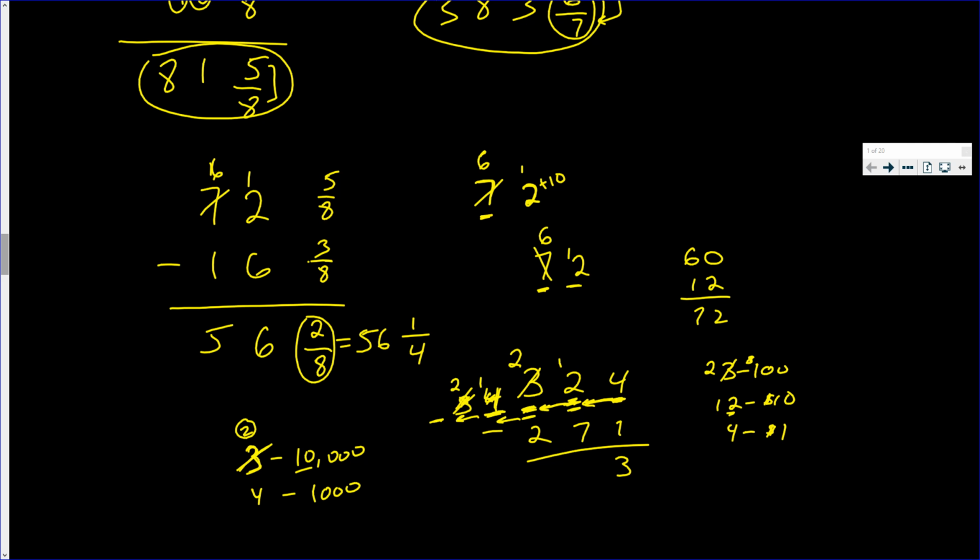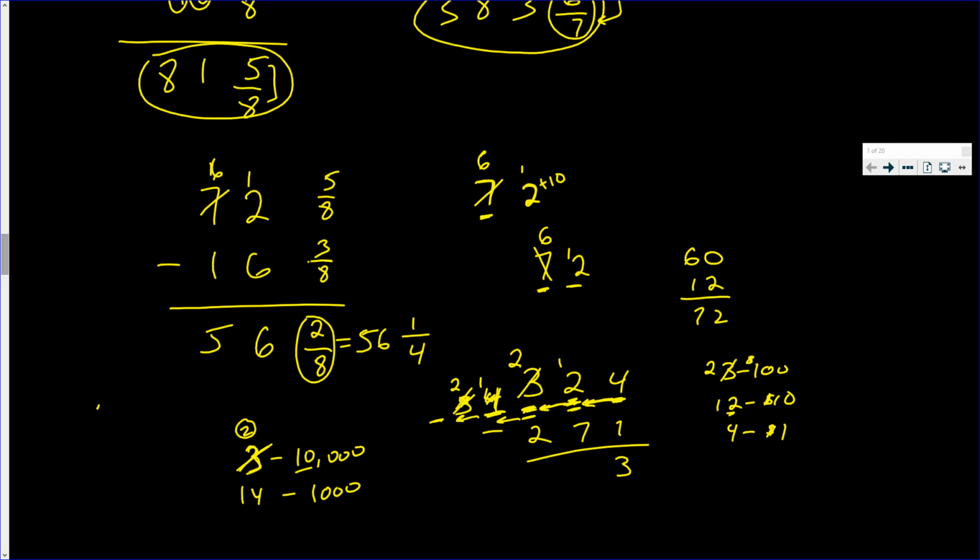So now you have 2, and you say, please give me $1,000 bills. Well, they're going to give you 10 more. So now you'll have 4 plus 10, which is 14.